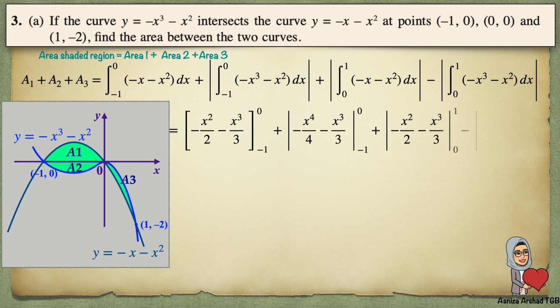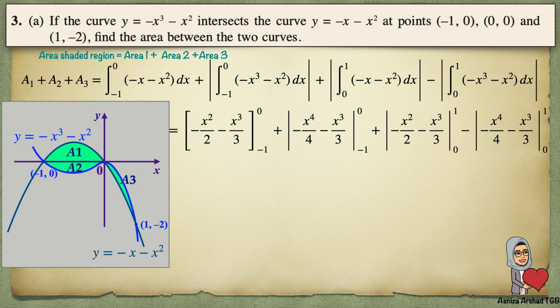Okay, let's find the integrations. So we have negative x squared over 2 minus x cubed over 3 with limits negative 1 to 0, and we have negative x to the power of 4 over 4 minus x cubed over 3 with limits negative 1 to 0. So we have 4 regions here.